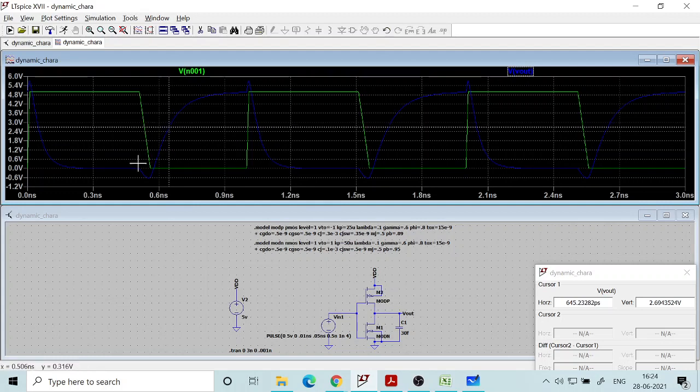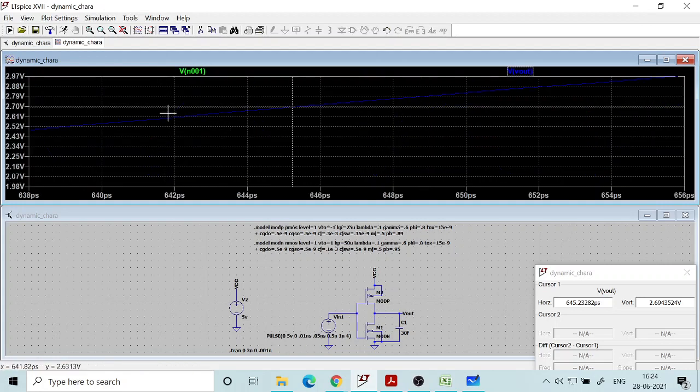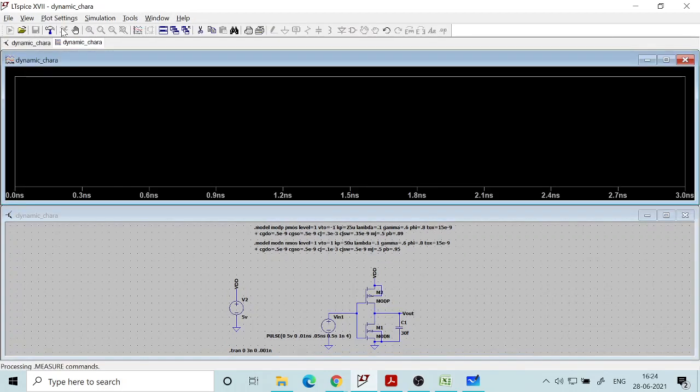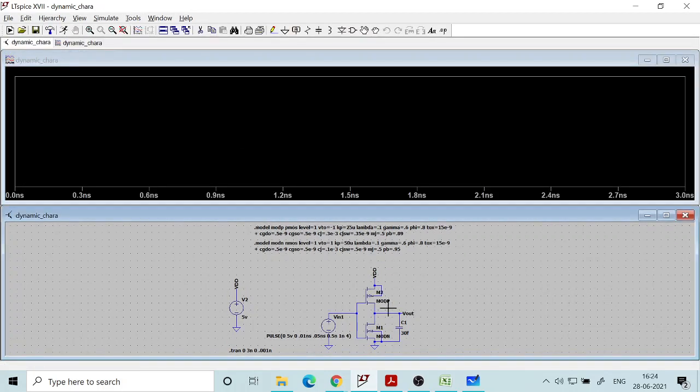The earlier point you note down, and this point you note down, and take the difference, the 50% of the output minus that of the input. That is your T_PLH. Similarly, you can do it for the other edge also. Is that clear? Yes, sir.